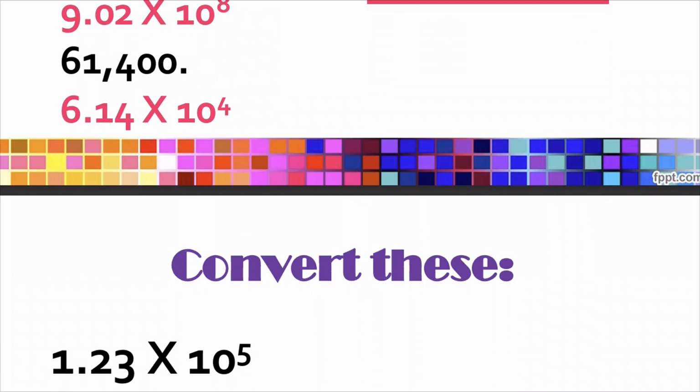Convert these. Now we are converting backward. They are scientific notation and I want you to convert them into standard notation. First step, in scientific notation we had placed a decimal after the first digit. Now I will remove that. So it should be 123. The power was 5.